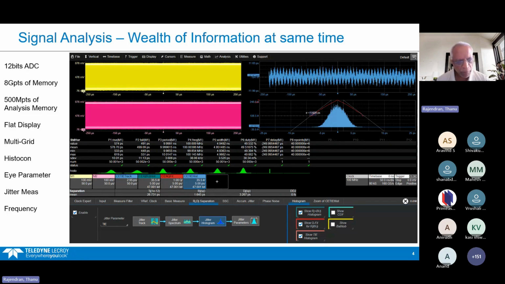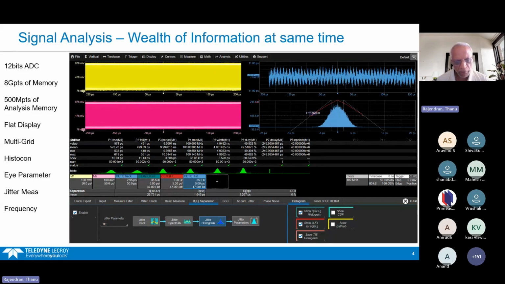And you can debug by just looking at those graphical representations. We are very powerful in terms of the histogram. Under every measurement we have something called a histicon, which is nothing but the distribution of the statistical information that we gather over a period of time. It could be on a single acquisition or on multiple acquisitions, but these histicons represent the distribution of your parameter over time.